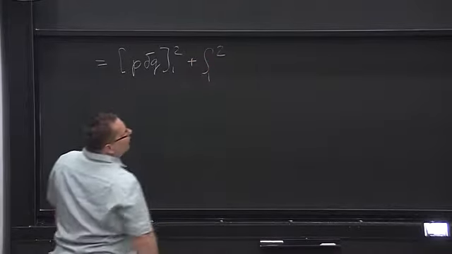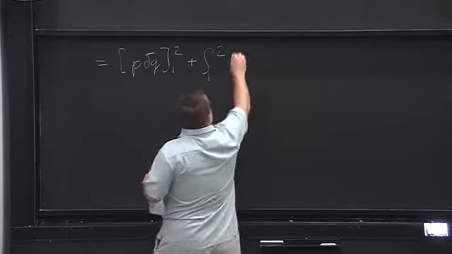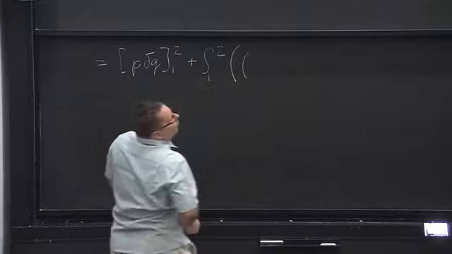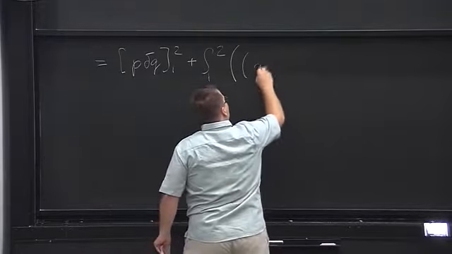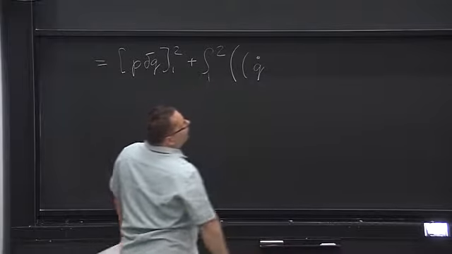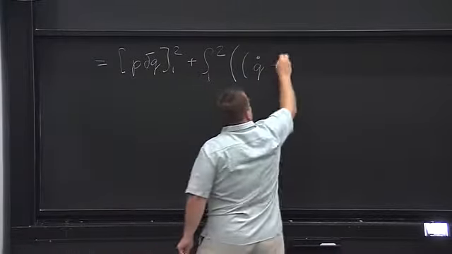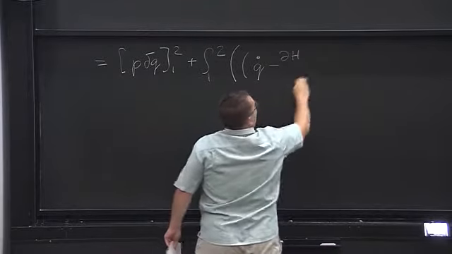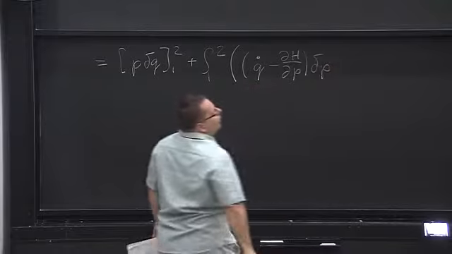And let me collect the terms which have delta P first. So the first term does have delta P, so it's Q dot. And then the last term has delta P, so it's minus dH over dP, delta P.